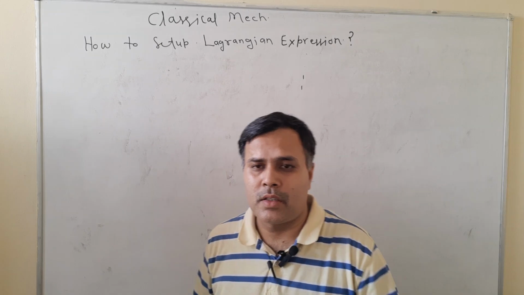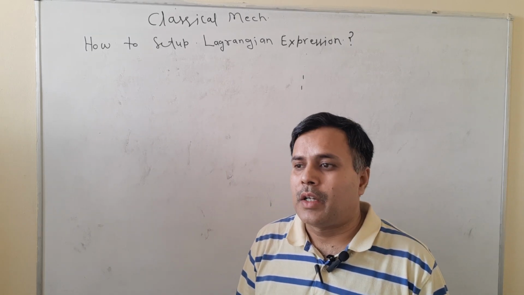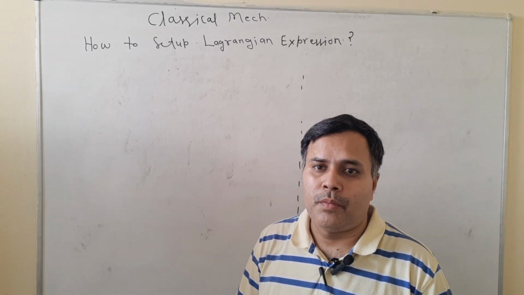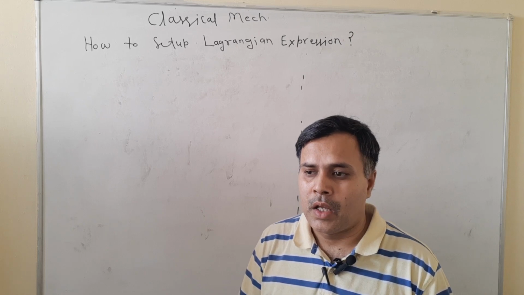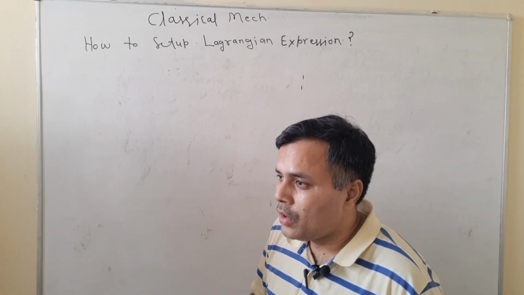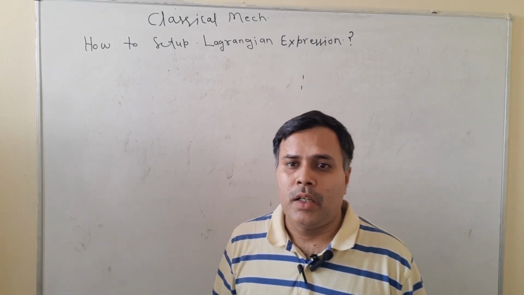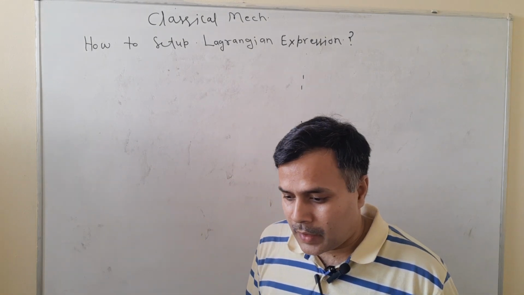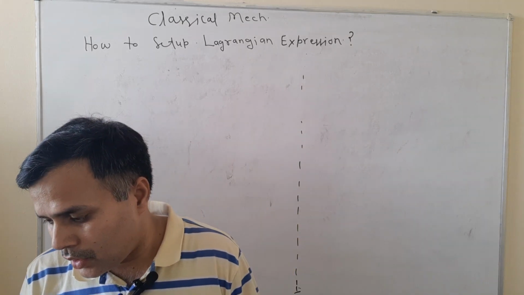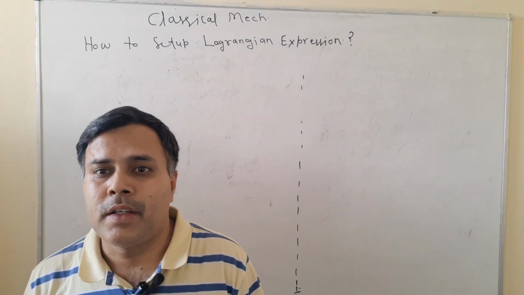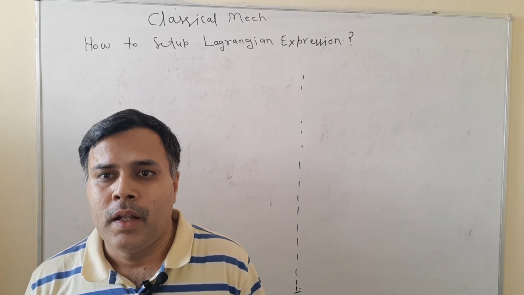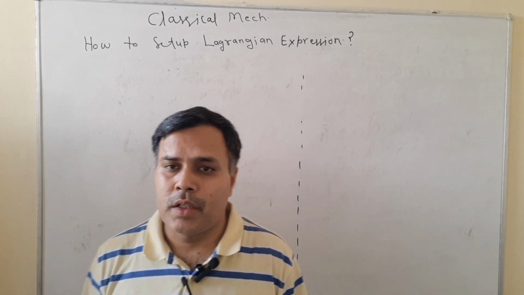So there are various physical systems. Corresponding to these physical systems, how do we construct or set up a Lagrangian? The objective of this lecture is to discuss the construction of Lagrangian, or how to set up a Lagrangian for a given physical system.